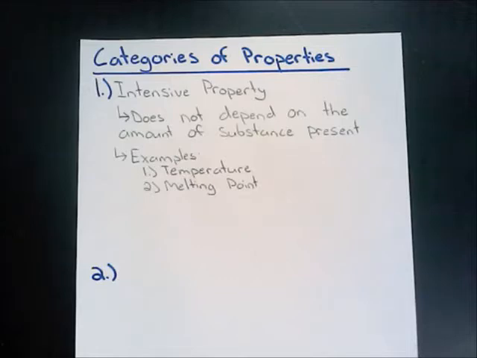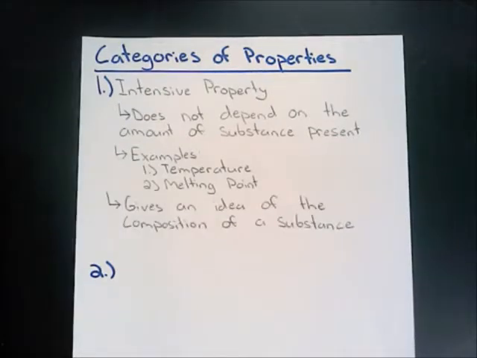It matters what it is, and that property will remain the same no matter how much we have. Our other thing with intensive properties is it gives us an idea of the composition of a substance. And so this is used to identify one particular substance.